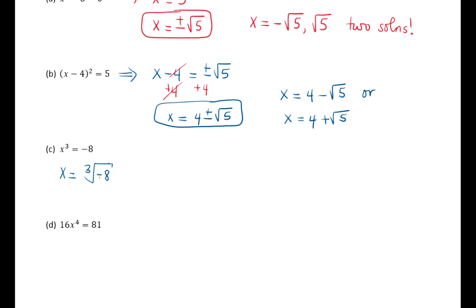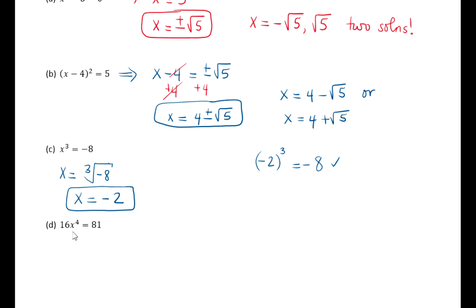And you see it will be -2, because if you multiply -2 three times by itself, you will get -8. So that's a quick check. So here, x will be -2. You don't have any plus or minus because that's an odd power. Or for example, look at this one.